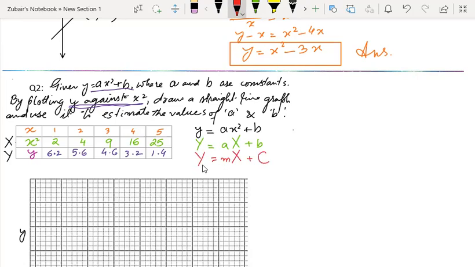So here you can see that y is basically Y, and in mx, x is showing your hidden variable, which is x square, and your gradient in this case will be the value of a, and your y-intercept is b, which is generally shown by capital C. So the value of the y-intercept will be b, and we have to finally find the value of the y-intercept. But before all this work, we have to plot the graph.